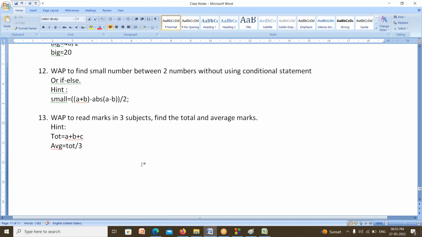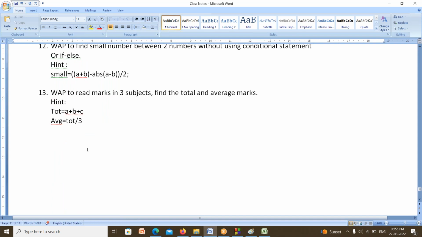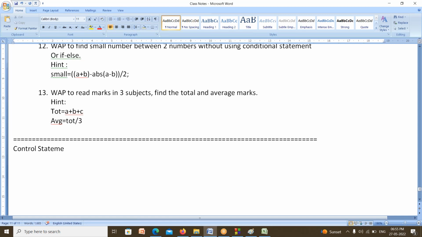Till now you have done some programs. Now I am going to explain some control statements. In your town, who will control the traffic? Traffic constables, am I right?